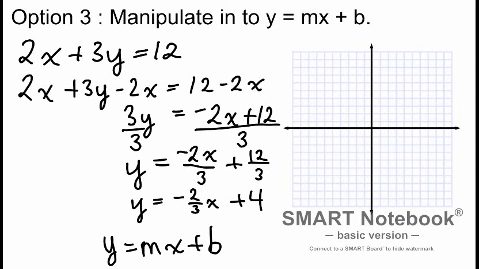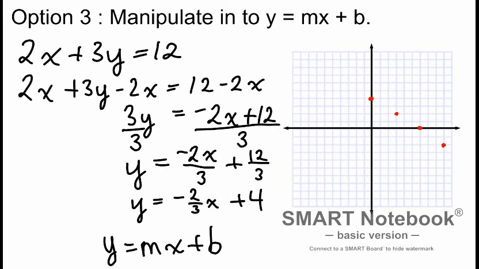And now when I go to graph this line, I plot the y-intercept, positive 4, and then I use the slope, negative 2/3, to go down 2 and to the right 3 to make another dot, and I repeat that process, down 2 and to the right 3, down 2 and to the right 3.